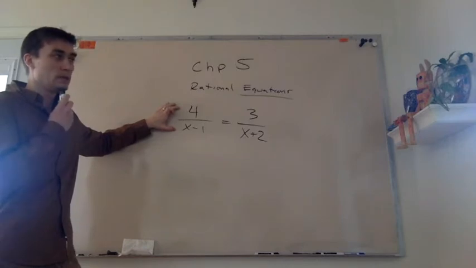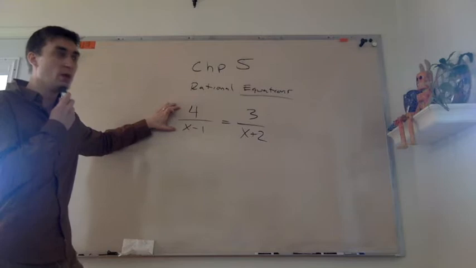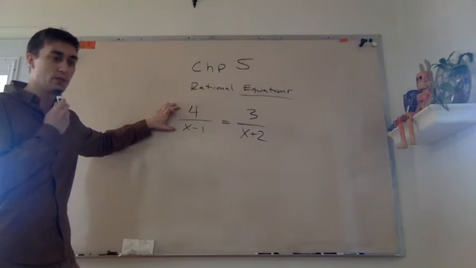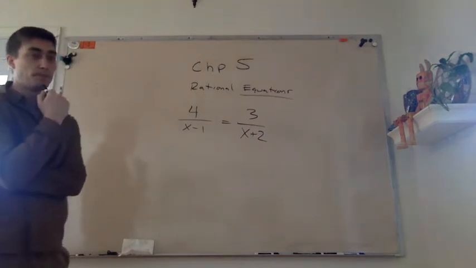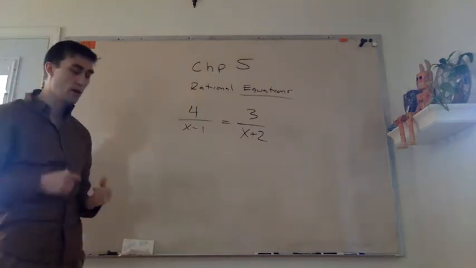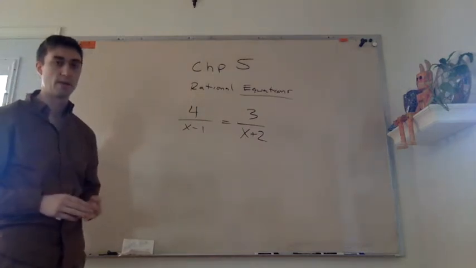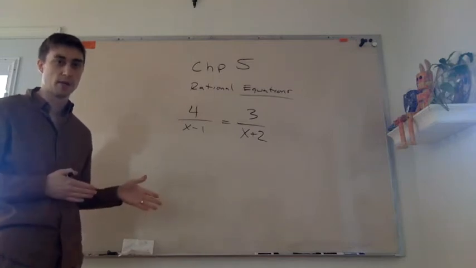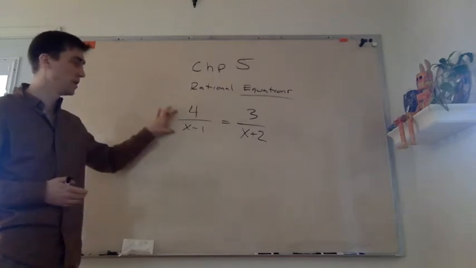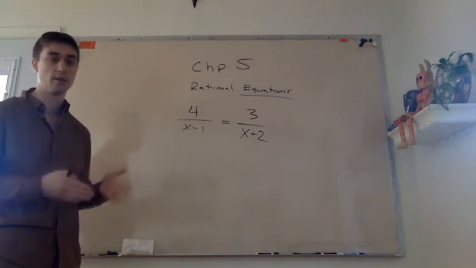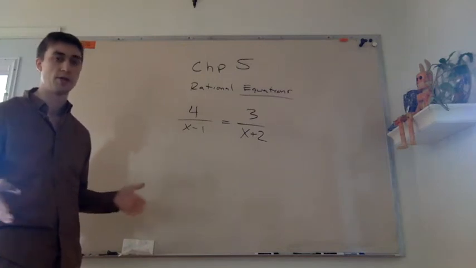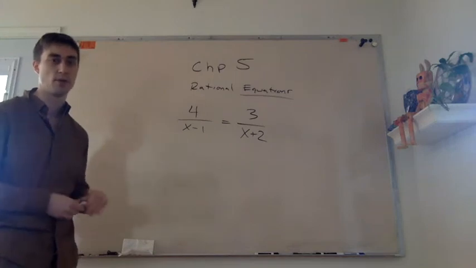I really like to tell people that the main reason you study algebra, intermediate algebra, is so that you can know how to solve equations of different types. And part of that is being able to recognize different equations. So being able to look at this and say, that's a rational equation, and then going further to say, I know how to solve rational equations. I know what strategy to adopt in order to solve that type of equation.